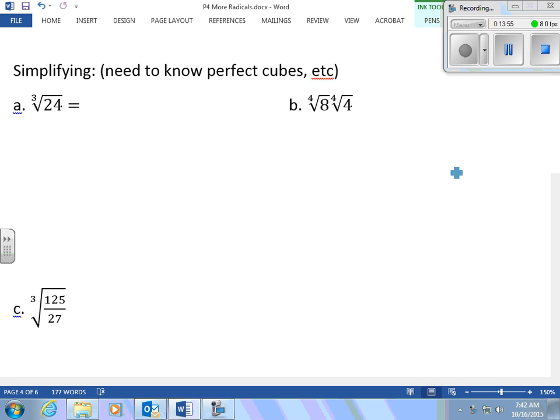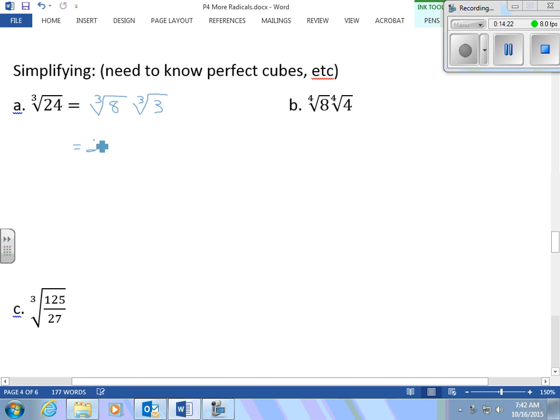So let's take a look at them one at a time. We've got the cubed root of 24, so I want to know the perfect cube. 1 cubed is 1, so we just ignore it. But 2 cubed is 8, 3 cubed is 27, etc. So 8 goes into 24, so we can split this into the cubed root of 8 times the cubed root of 3, because 8 times 3 is 24, and the cubed root of 8 is 2.